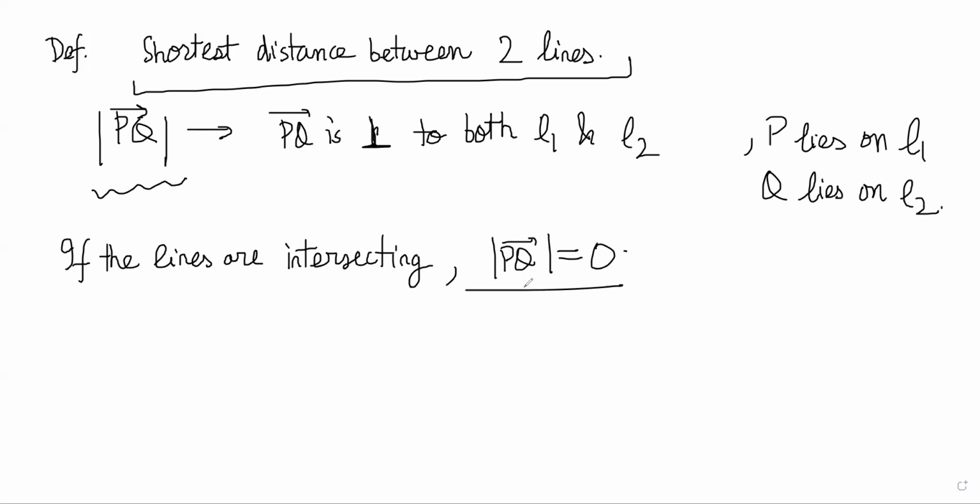So now that we know the meaning of skew lines and the meaning of the shortest distance, we can prove the formula for the shortest distance between two skew lines.